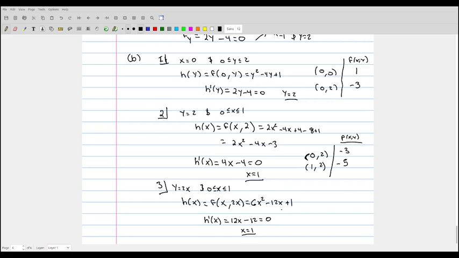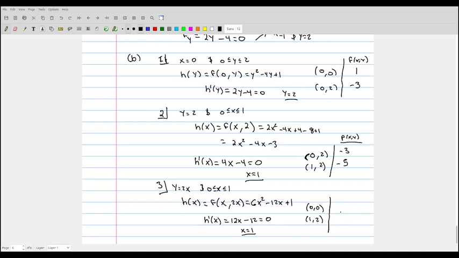So the potential max and min on this boundary right here corresponds to, again, x equals 0, 0, and then x equals 1, 2, because this is our interior critical point for this function on the domain for x from 0 to 1.